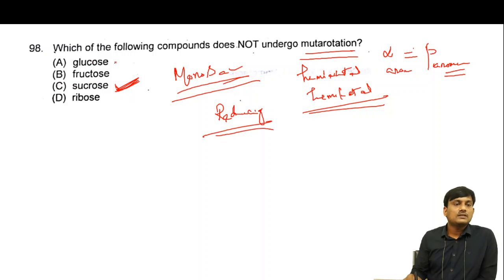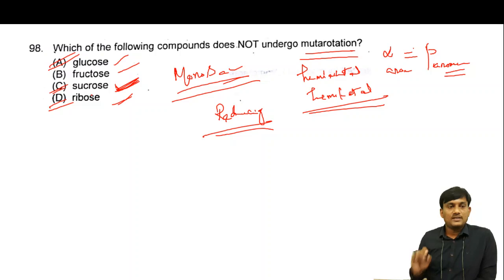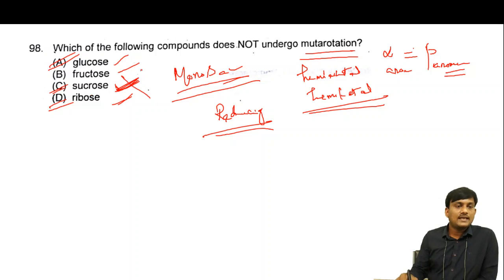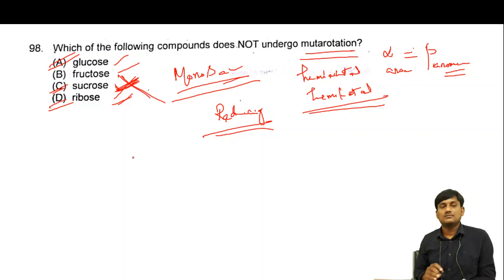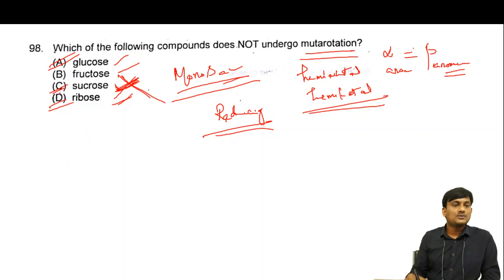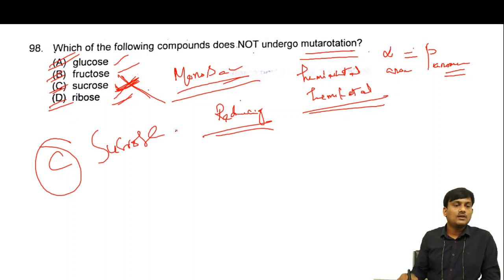Glucose has a hemiacetal form. Fructose and ribose, all these are monosaccharides. That's why these exhibit mutarotation, but sucrose cannot exhibit mutarotation. So what is the correct option? C, sucrose, cannot exhibit mutarotation.